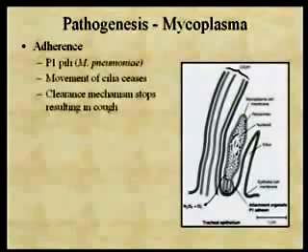Okay? The mucociliary elevator is there to help us keep the respiratory tract clear of debris. When the cilia are no longer moving, what do we do to try to get rid of the debris? We cough. And so consequently, one of the characteristics of this disease is a dry, hacking cough.